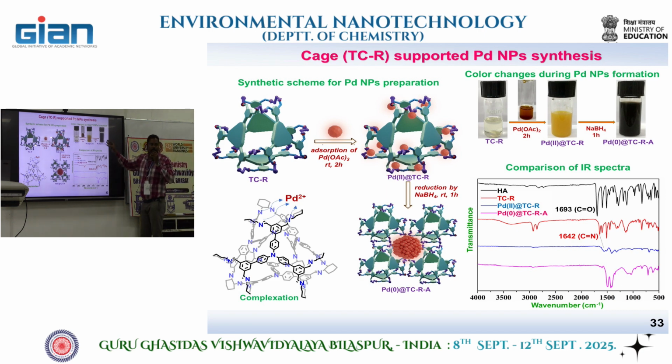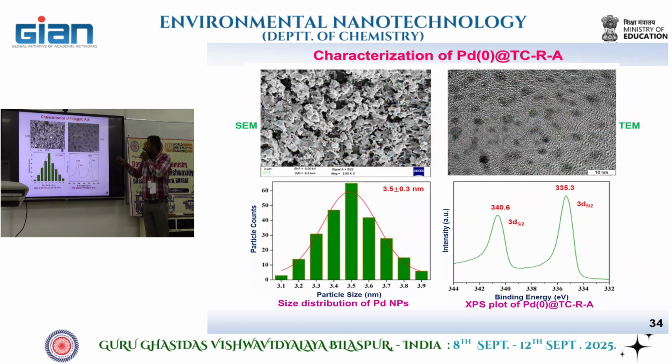Now the question was whether it is nanoparticle, nanomaterial or not. So we exclusively characterized these materials. Oxidation state, particle size, morphology, all we have checked by TEM, SEM and EDX spectroscopy. So this is the TEM, you can see it is forming a homogeneous size of nanoparticle, these black spots, which have a distribution of 3.5 plus minus 0.3 nanometer.